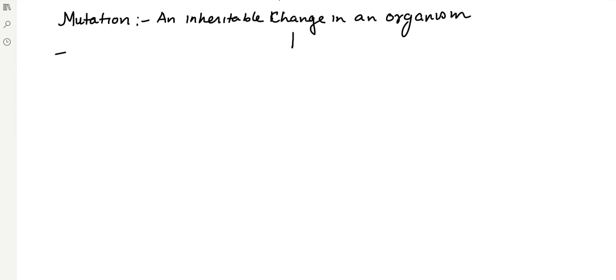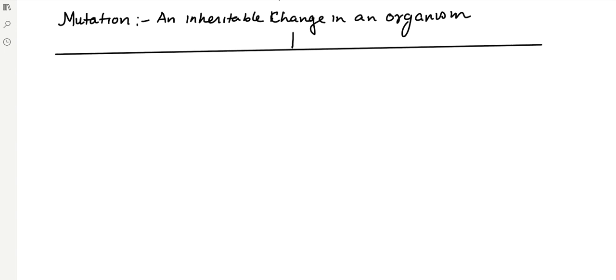Okay, क्या क्या sir? So we'll see that the mutations can be divided into two different types. One is called the gene mutation and one is called the chromosomal mutation.